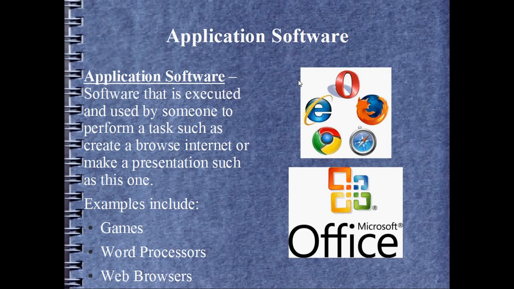Now, application software is really just used to perform a task. It doesn't really control hardware. Good examples are games, word processors, and web browsers, and it really just deals with what the user wants and needs rather than controlling anything.